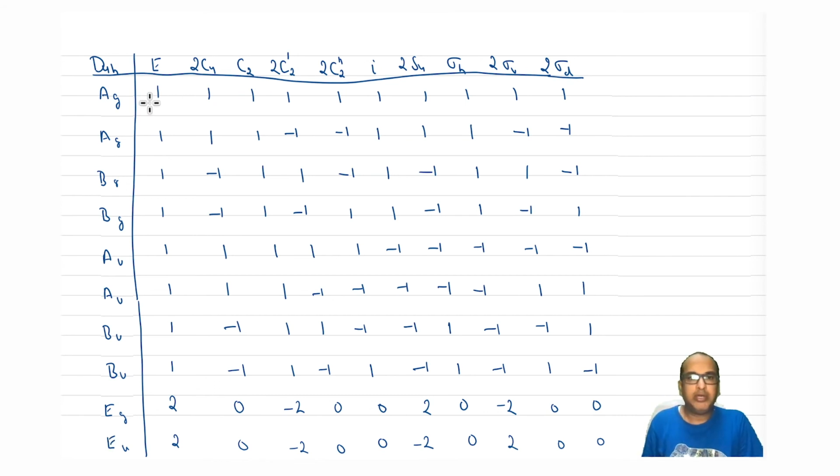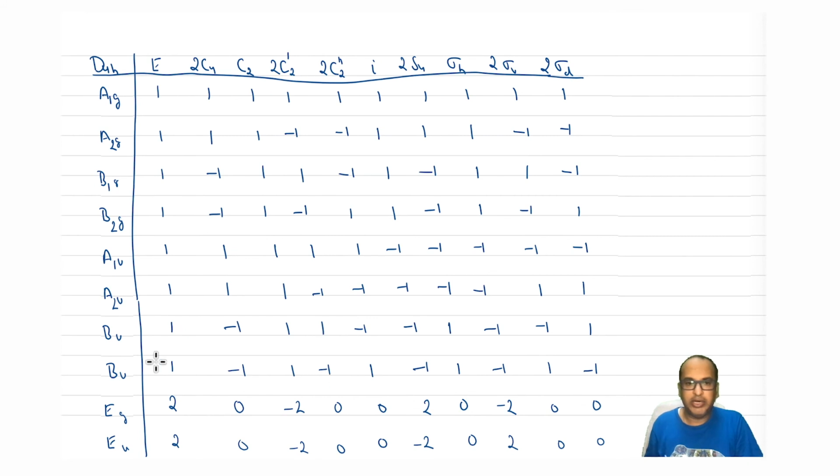Now, to differentiate between AG and AG, I can see that this one has a positive character under perpendicular C2, and this one has a negative character under perpendicular C2. That means I can say that this one is 1, this one is 2. Similarly, this is positive, this is negative, so I can say 1, 2. Again, positive, negative, so 1, 2.